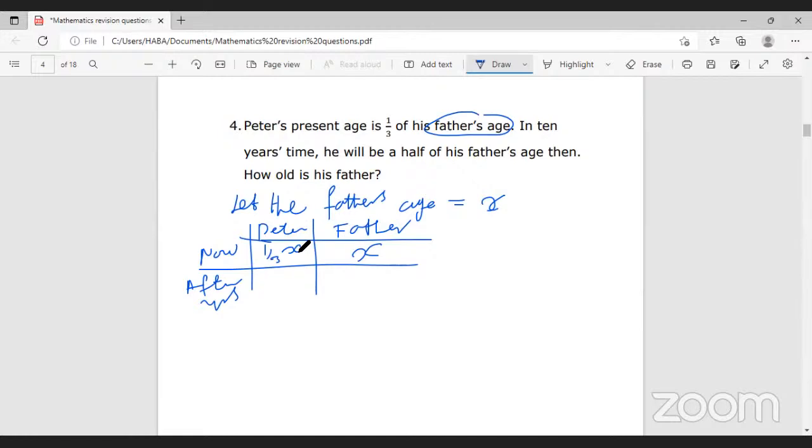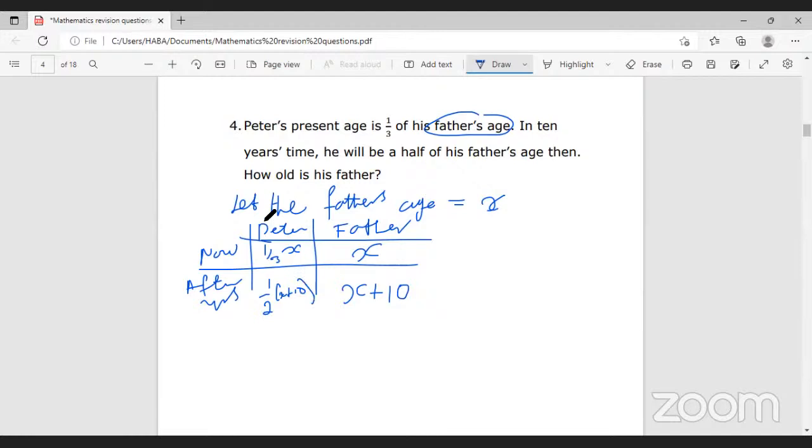Then in the future, in 10 years' time, if we know X, we are going to just say this is X plus 10, because the father has now added 10 more years. And then what will Peter's age be? It will be a half of the father's age, which is X plus 10.